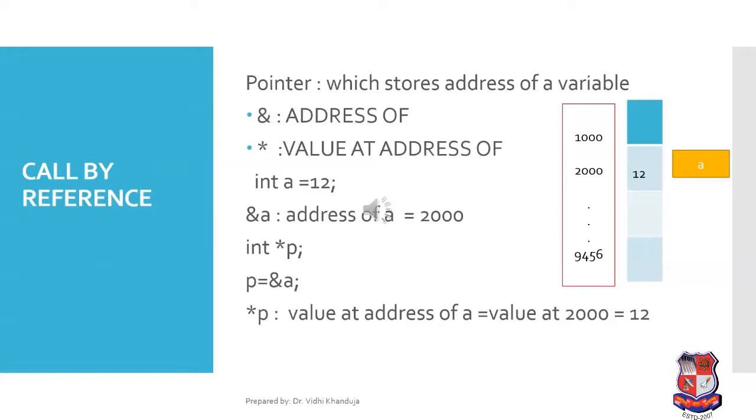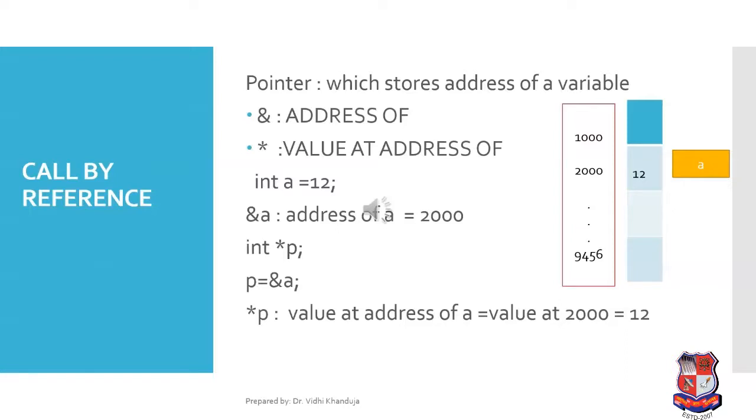Now, let us say we have written the C statement int a = 12. What does that mean? It means we are declaring a variable a of type integer and assigning it a value of 12. Whenever we assign some value, we need some memory address to store that value.